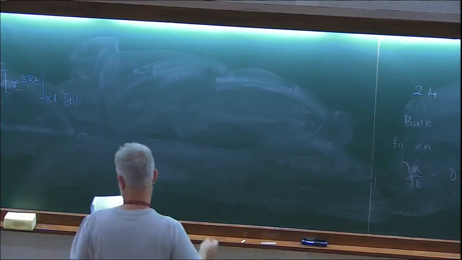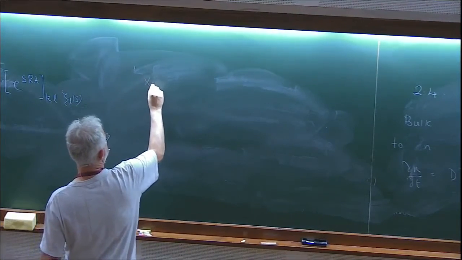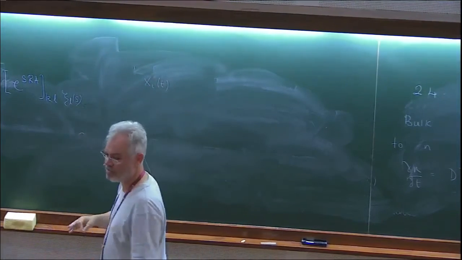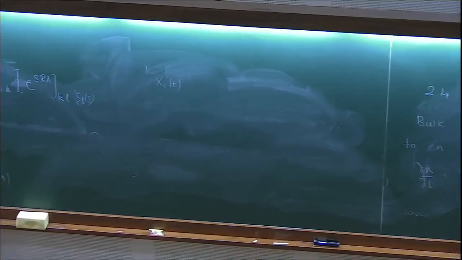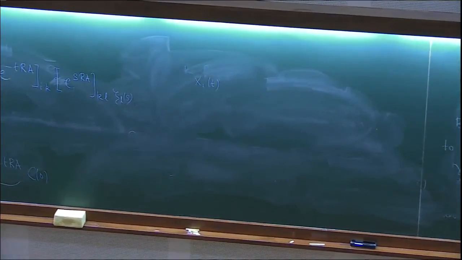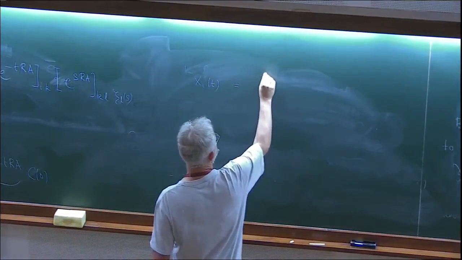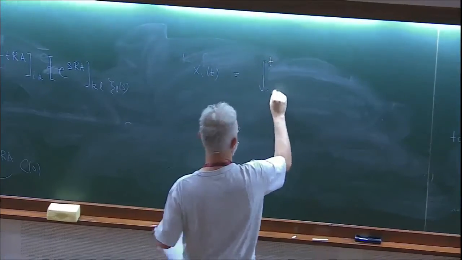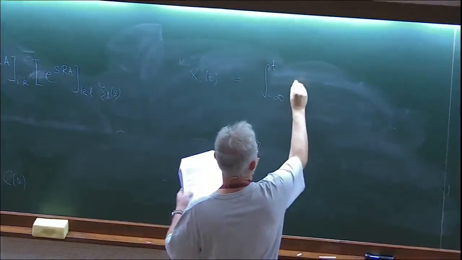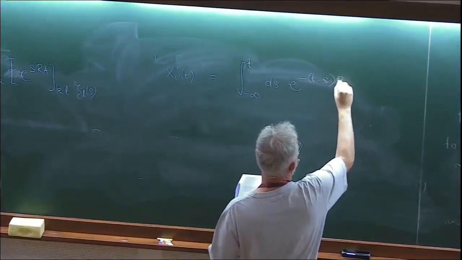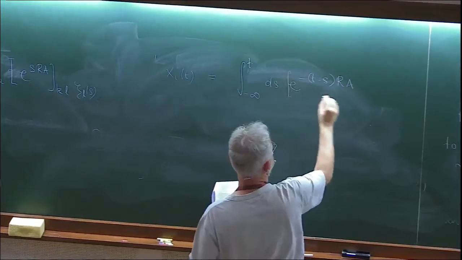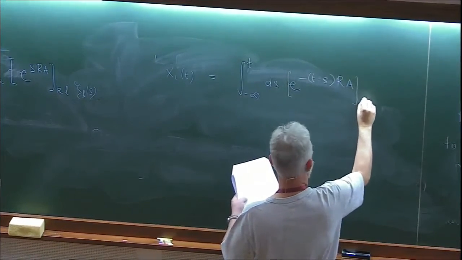I'm going to say the process is at 0 at minus infinity, but it should have forgotten that, so it's just to avoid putting the initial conditions in my calculation. So I'm going to write x_i(t) as the integral between minus infinity and t of ds e^(-(t-s)A), with indices ik here.